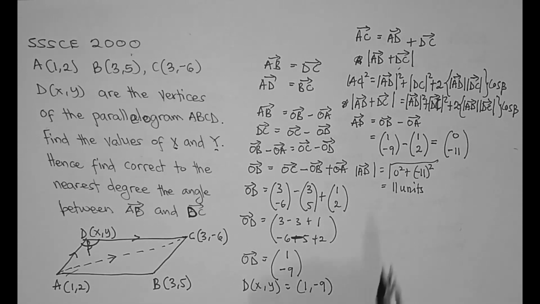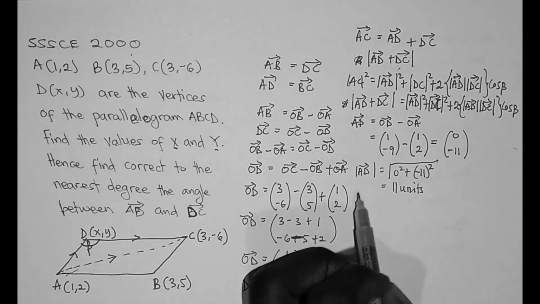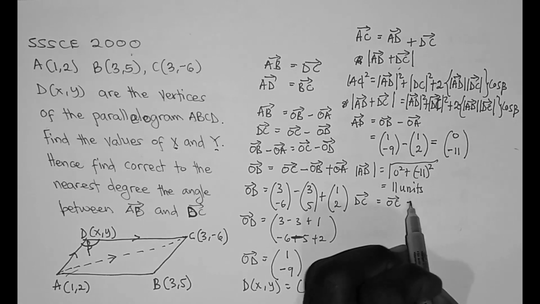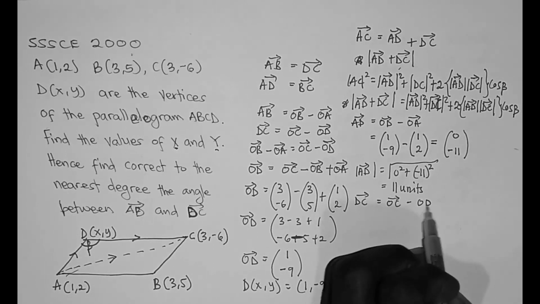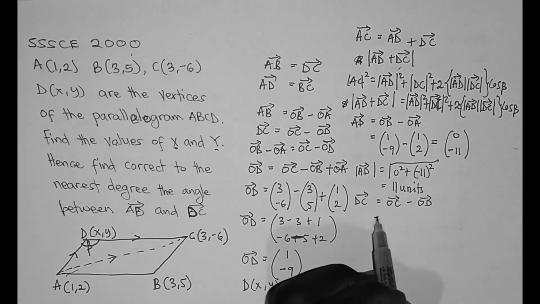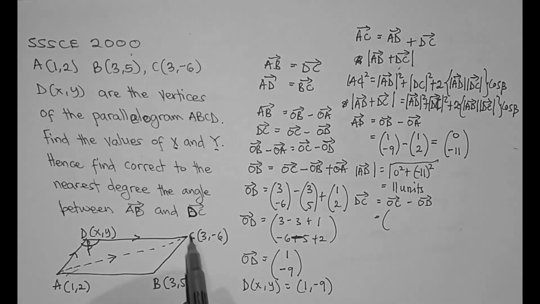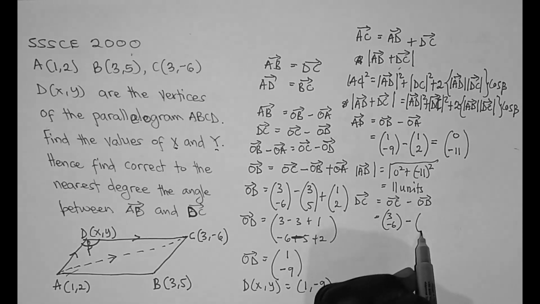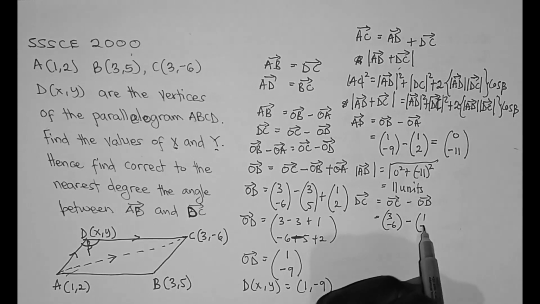Now, let's also find vector DC. Vector DC is equal to OC minus position vector OD. What is OC? OC is 3, minus 6, minus OD. OD is 1, minus 9.